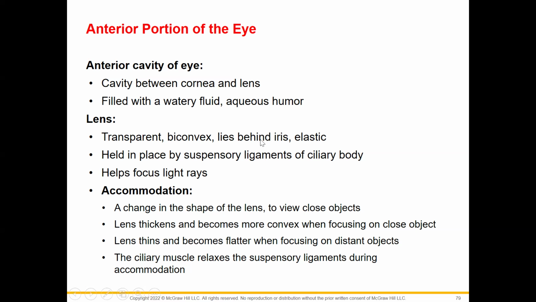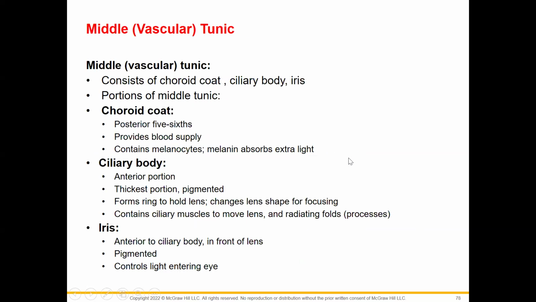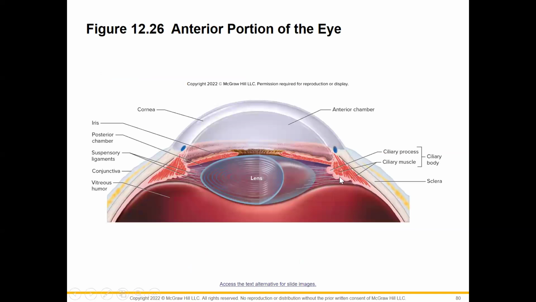So again, the iris is controlling how much light goes through the lens. And the lens is elastic, which is why it can change shapes according to what you're looking at to help you focus. It's held in place by suspensory ligaments of the ciliary body. So going back to the previous image, these would be the suspensory ligaments of the ciliary body that hold the lens in place.